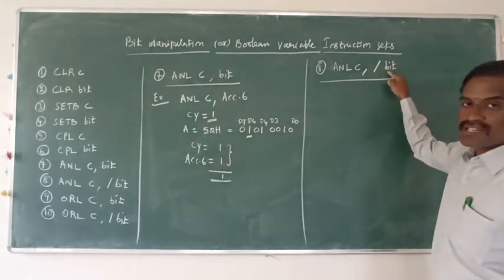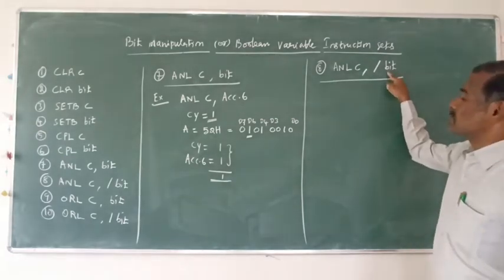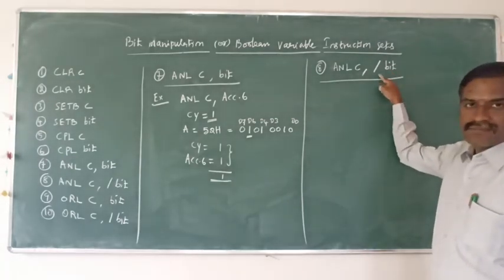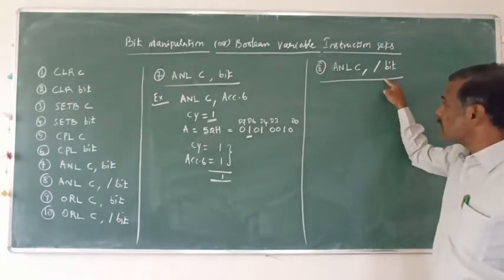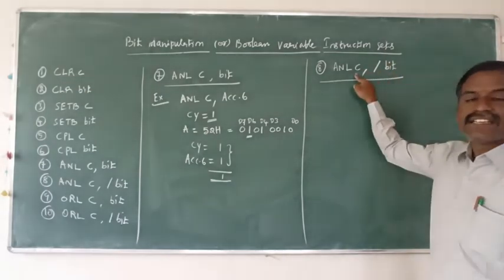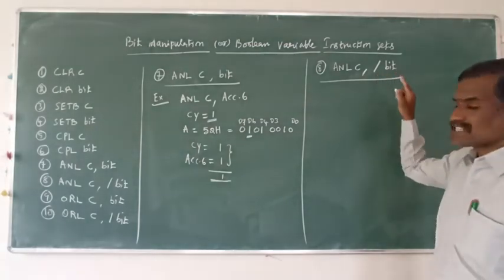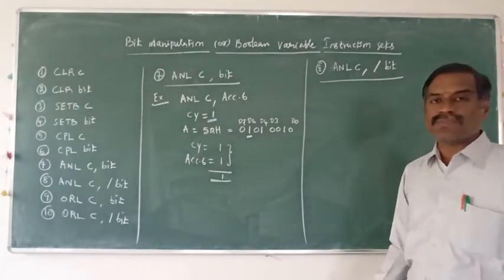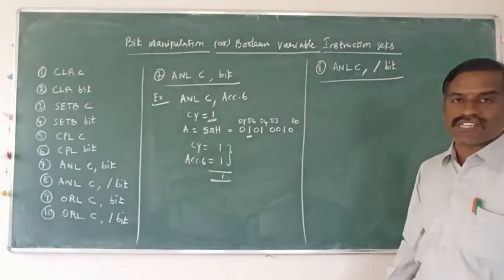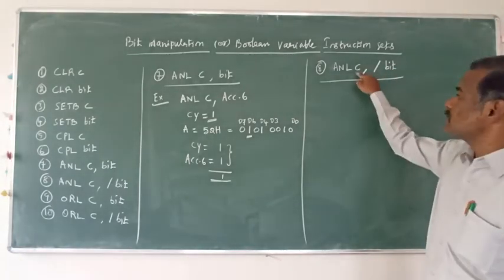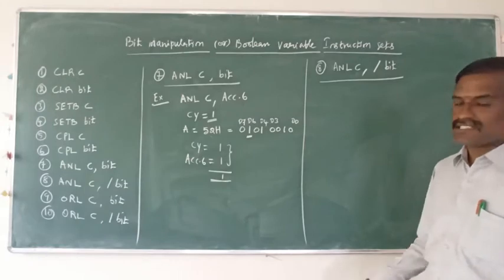Suppose that particular bit is 1. Now the 1 complement that data logically AND with carry status. Here slash means complement of that particular bit position. That result we have to logically AND with the carry status.